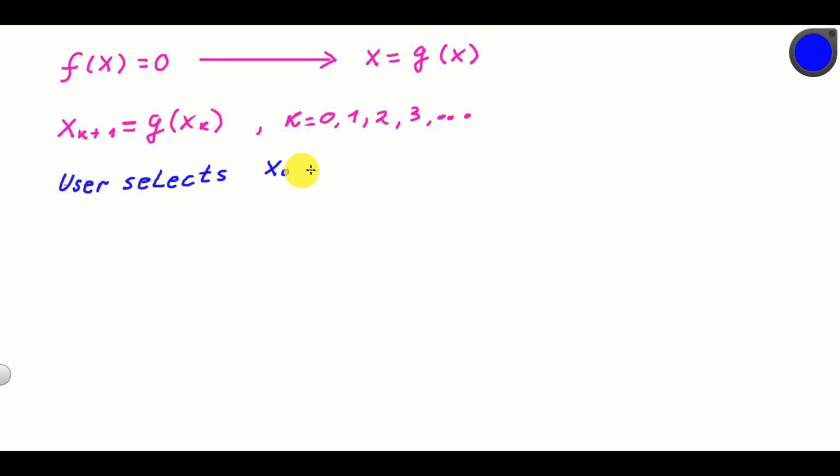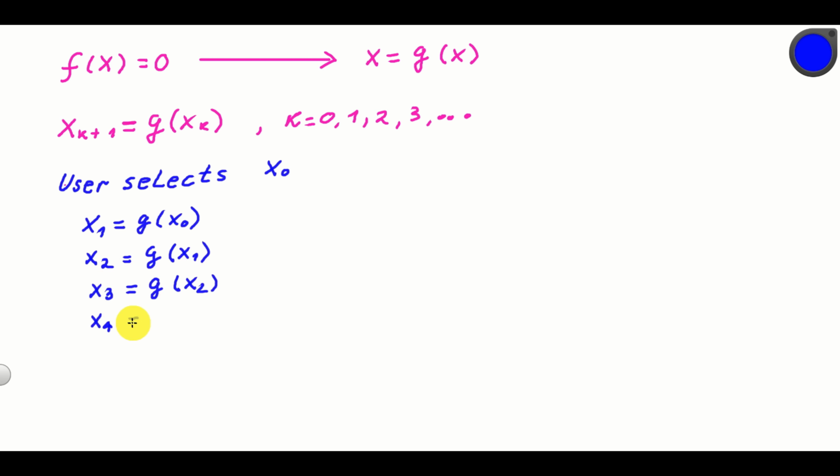That is, a user selects x0 and we simply propagate our iteration to obtain x1 as g of x0, then x2 as g of x1, then x3 is equal to g of x2, x4 is equal to g of x3, etc. At certain point we will stop the propagation, and usually in practice we stop the propagation when xk plus 1 minus xk, that is, two subsequent or neighboring values of x, are smaller than some tolerance value epsilon that's prescribed by the user.